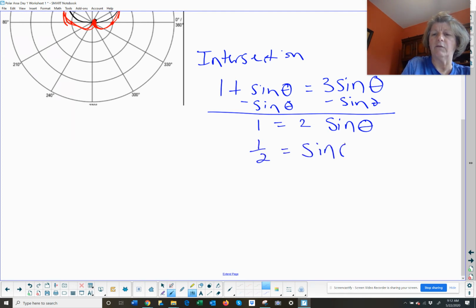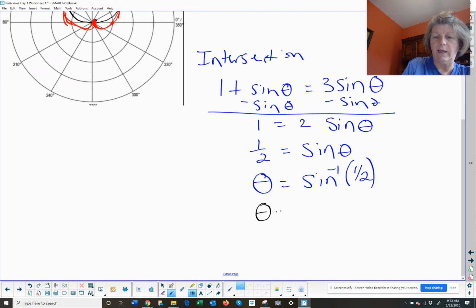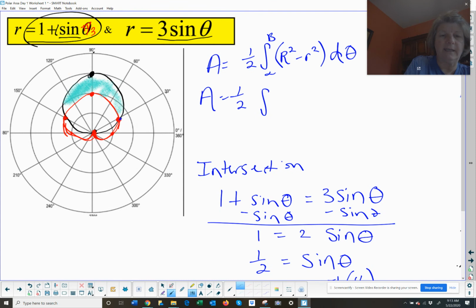And then you can think to yourself, where is sine equal to 1/2? Or you can take it to that next level and say, okay, theta is going to be equal to sine inverse of 1/2. And sine inverse of 1/2 occurs when we are on pi over 6, 5 pi over 6. That's where they're positive. And indeed, that is where we noticed that intersection. Theta was equal to pi over 6 there, and theta was equal to 5 pi over 6.